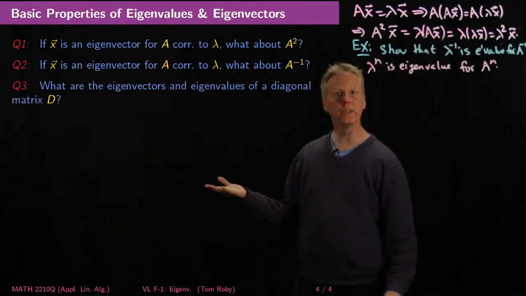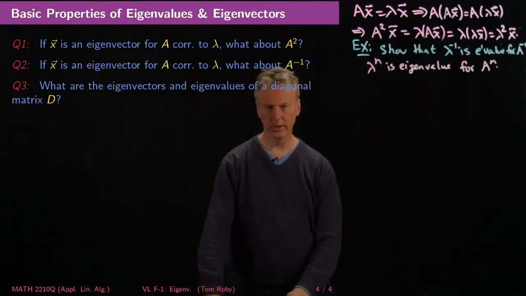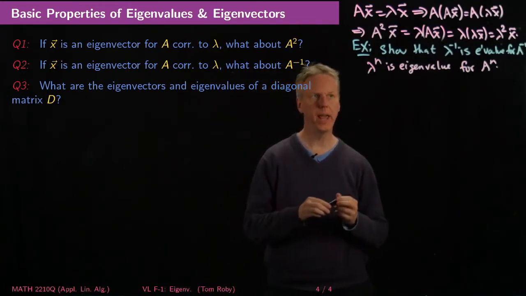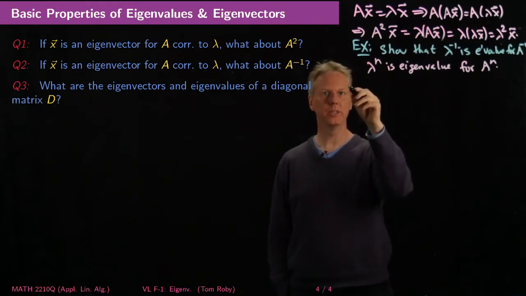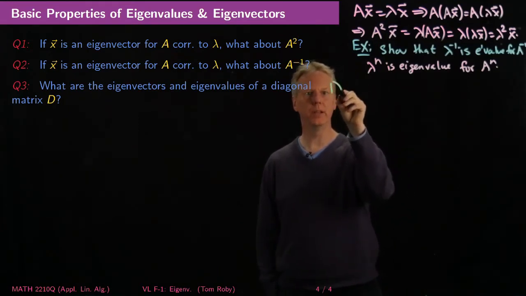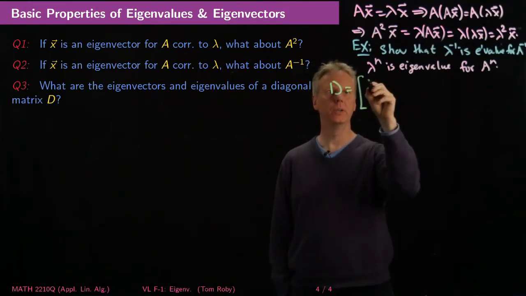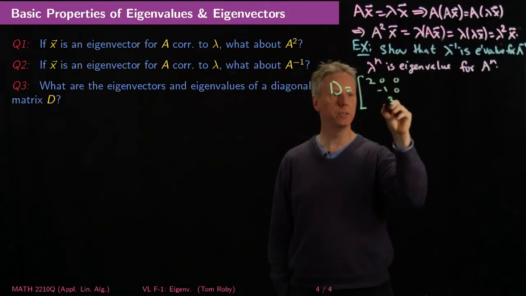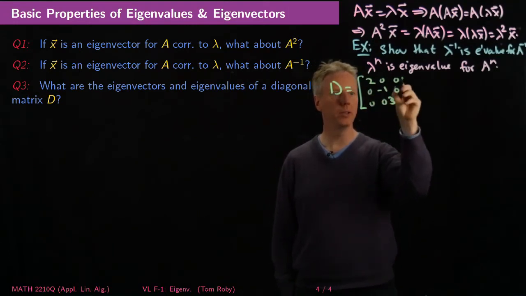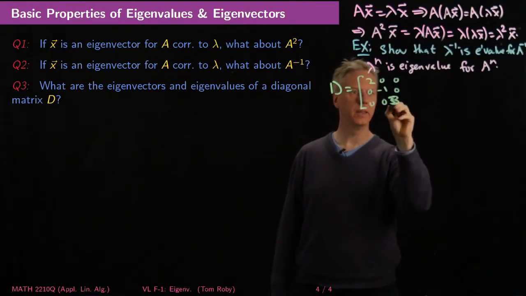Okay, what are the eigenvectors and eigenvalues of a diagonal matrix? We'd like diagonal matrices because they're easy to manage. So let's see what happens. Well, it's easiest to do an example and see that the reasoning is general. So suppose I've got something like 2, -1, 3, and then zeros everywhere else.